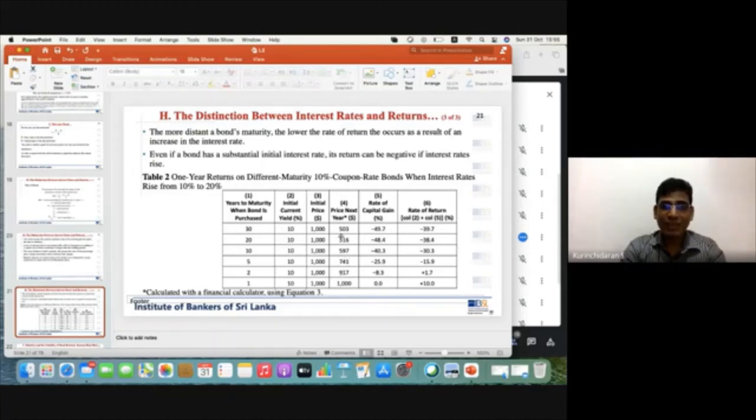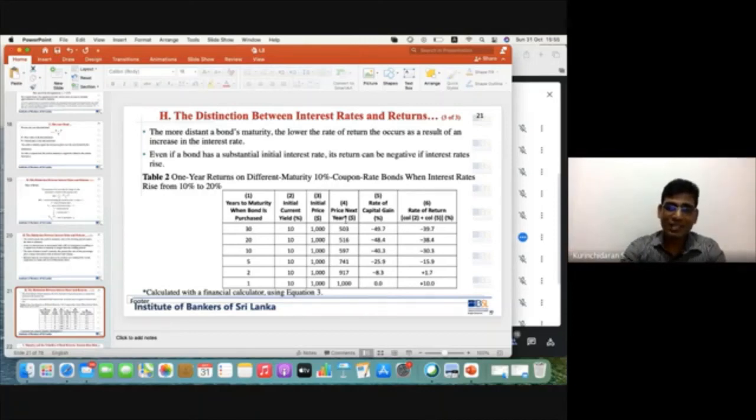Every time the price will be discounted by the number of years. Every year we discount by additional years, so this price will be less and less as the remaining maturity increases.